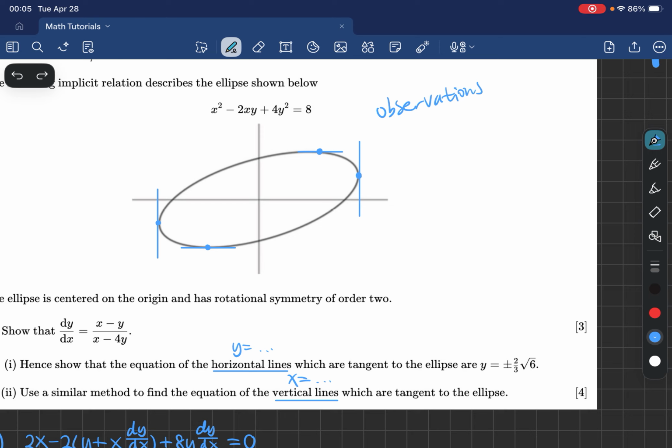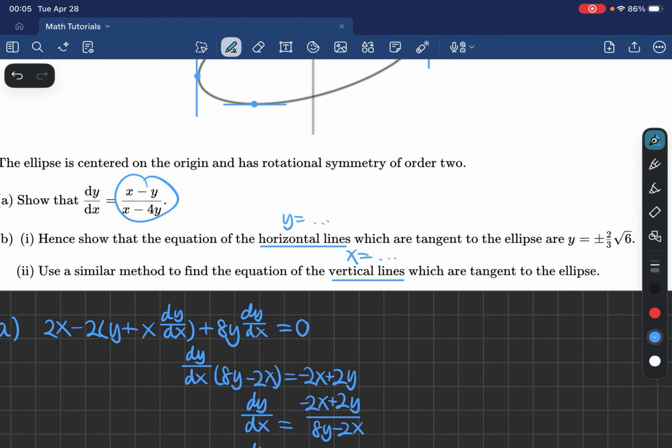So it's asking for, at these 2 points, we have this horizontal tangent. Show that their functions are this.